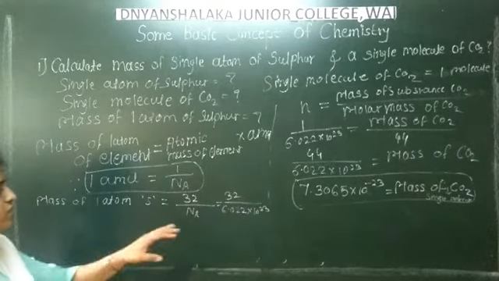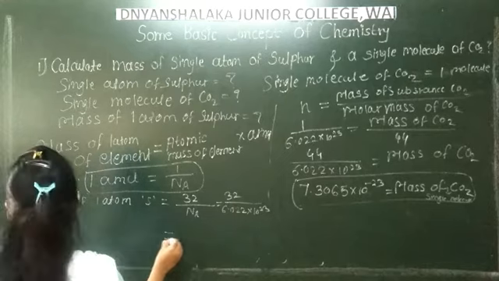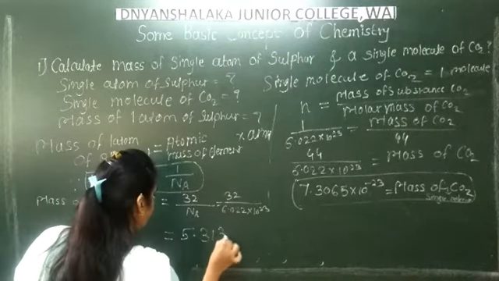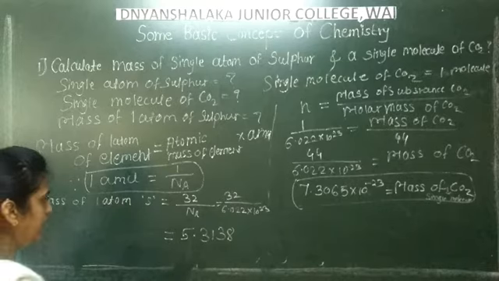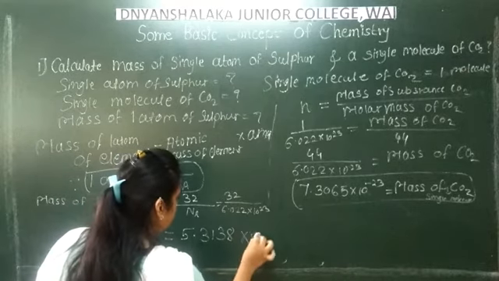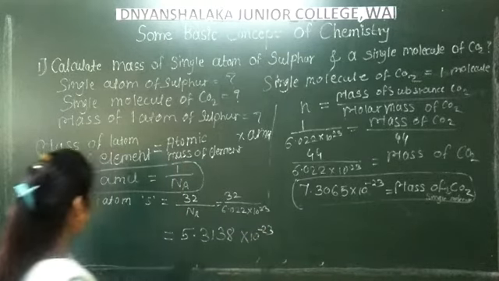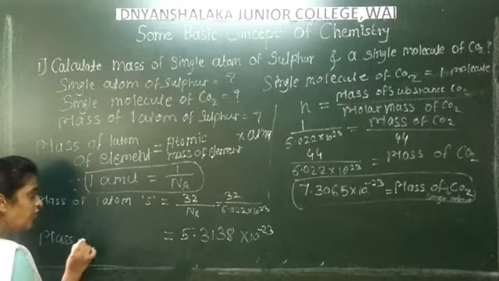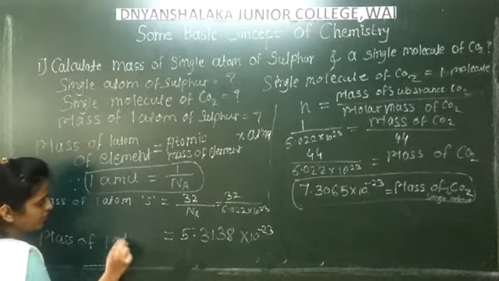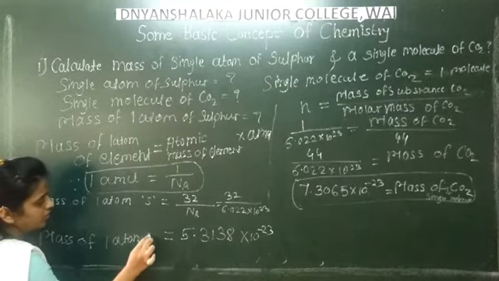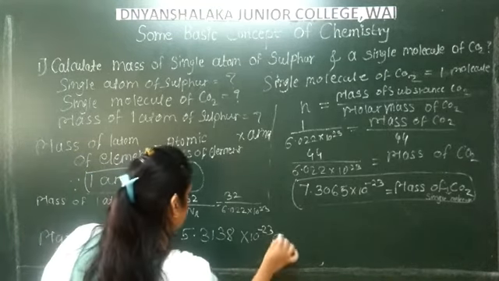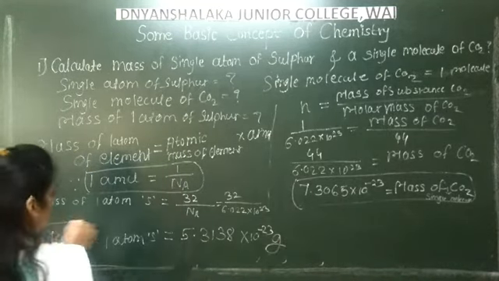On calculating these two values, we get the mass of a single atom of sulfur, 5.3138 into 10 raised to minus 23. This is the mass of one atom of sulfur. The unit is gram.